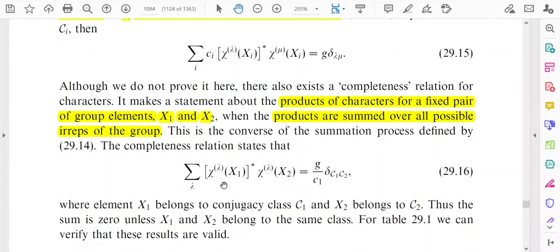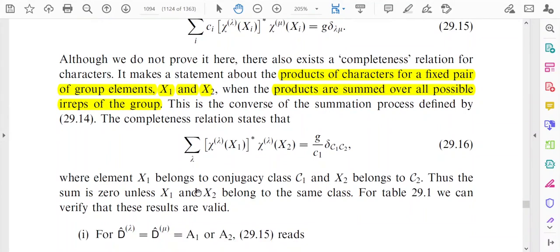But these are the same thing: if x1 and x2 are two elements where x1 belongs to conjugacy class C1 and x2 belongs to C2, then this relation is known as the completeness relation, and the sum is over the different irreducible representations.